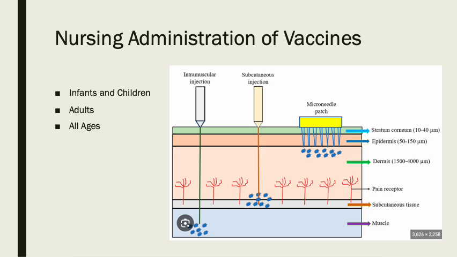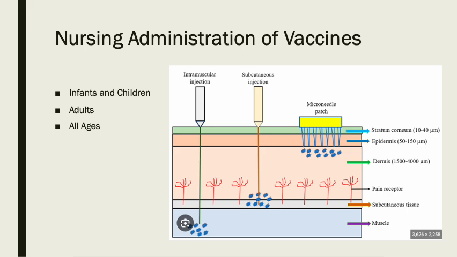We always want to explain to the patient or the patient's guardian what the vaccines are. We want to make sure they understand the positives and the negatives of receiving a vaccine. We always instruct parents, guardians, or the patients to look for complications and notify the provider if anything weird or adverse happens.